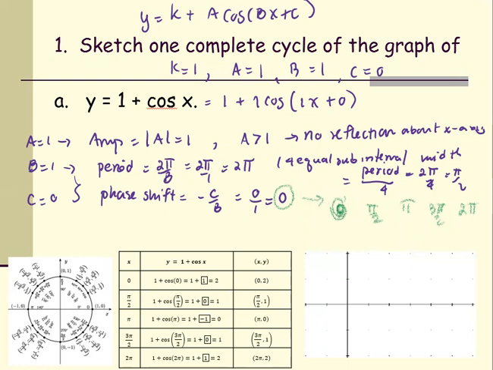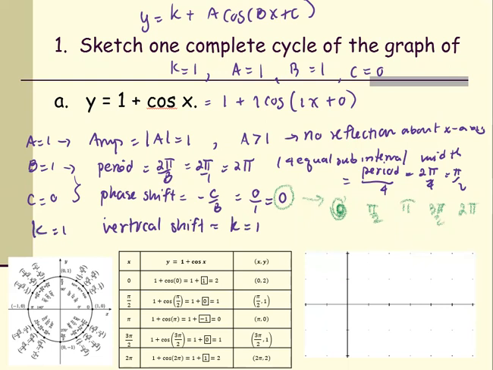Another number is the k value, and k equals 1. The k tells you about the vertical shift, which equals k, which is 1. So that means the graph will go up 1 unit.